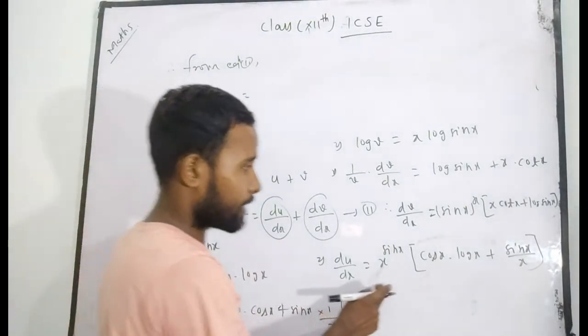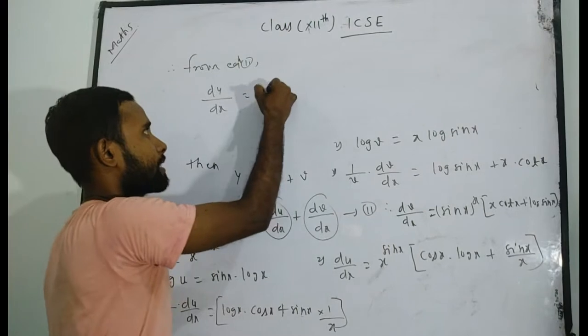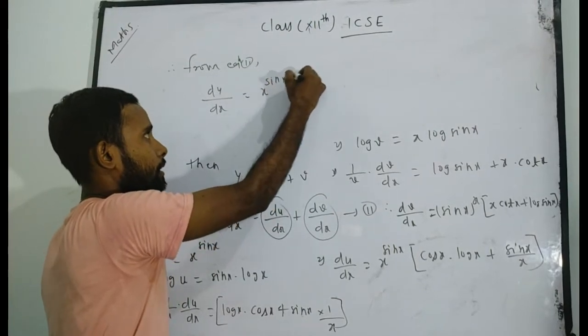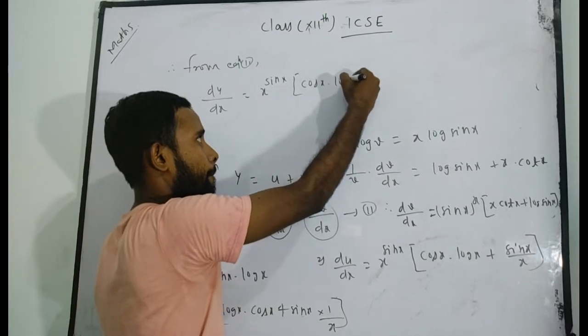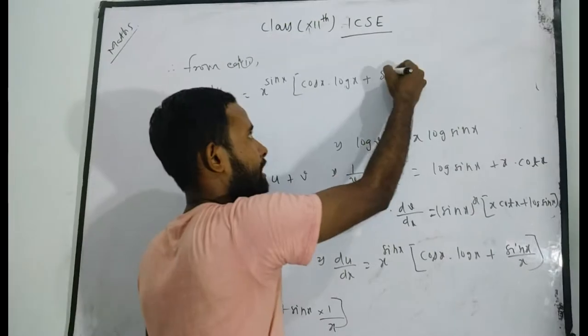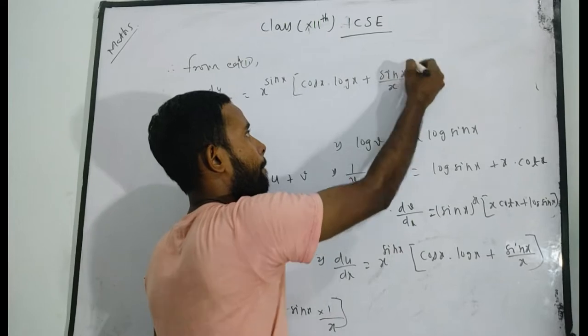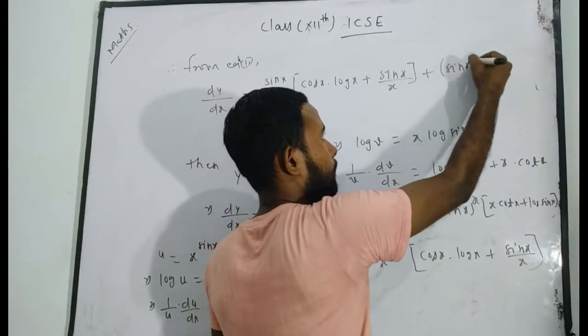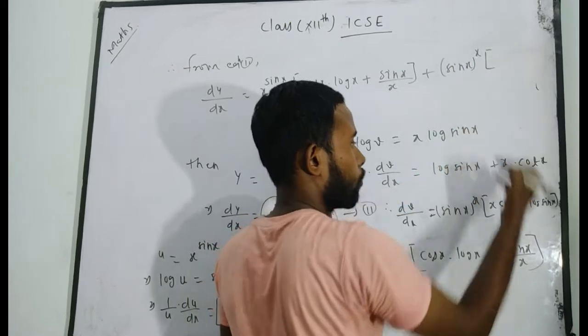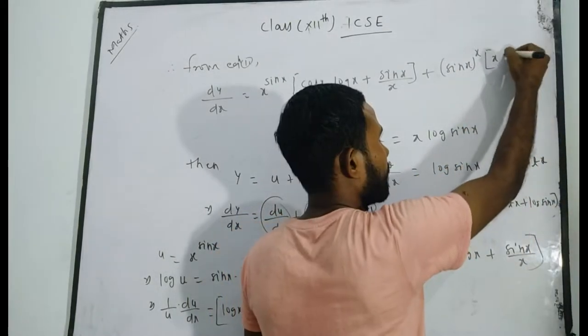What is the value of du/dx? This expression, that means x to the power sin x into cos x into log x plus sin x by x, plus dv/dx is equal to sin x whole to the power x into x cot x plus log sin x.